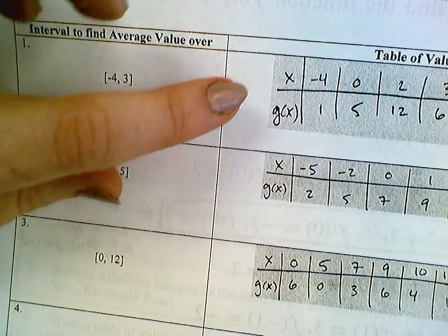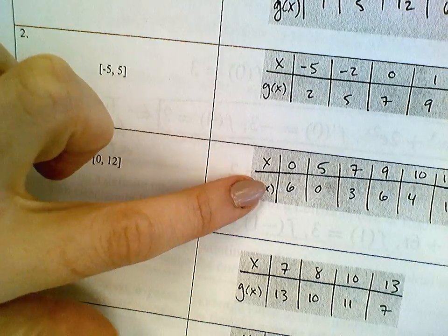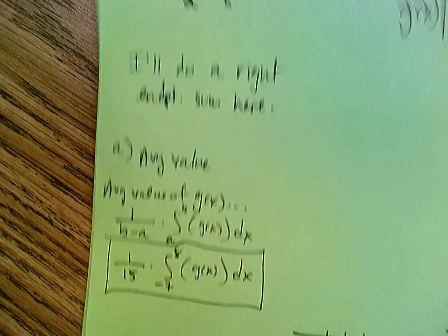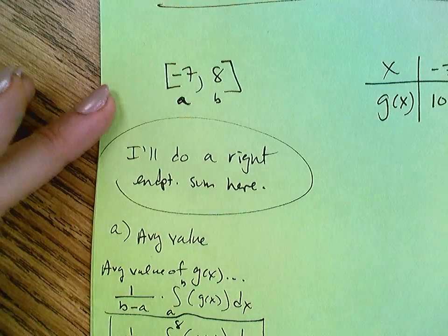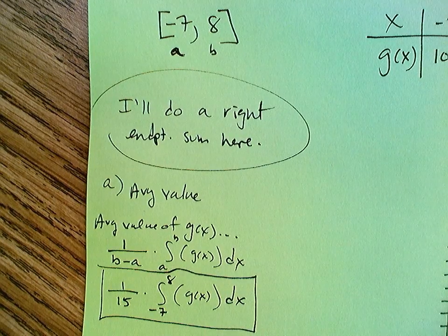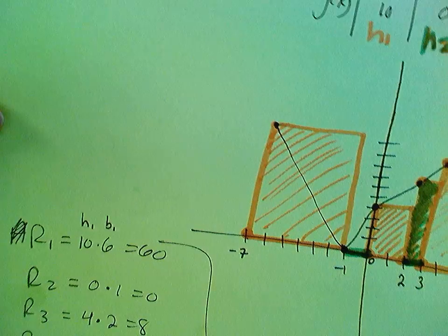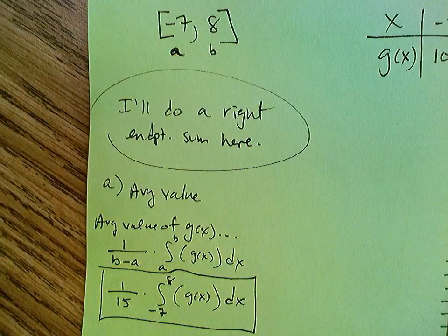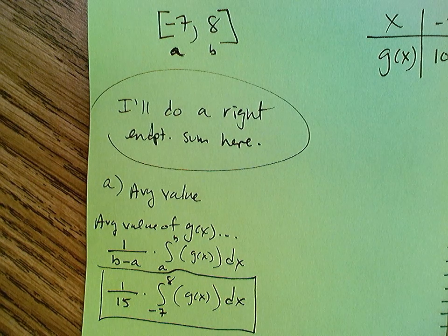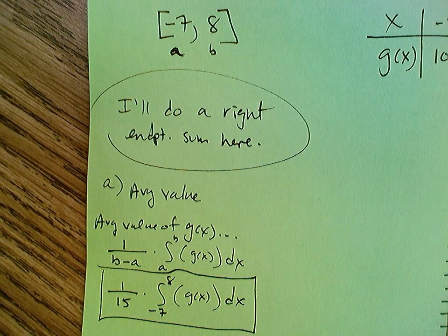Here I'm saying left endpoint for the first 3, practice right endpoint for the next 3. I'll do a right endpoint sum here, and at the end of the video I'll show you this over here, which I did, which is a left endpoint sum. I'll just show you what it is so you can see it.